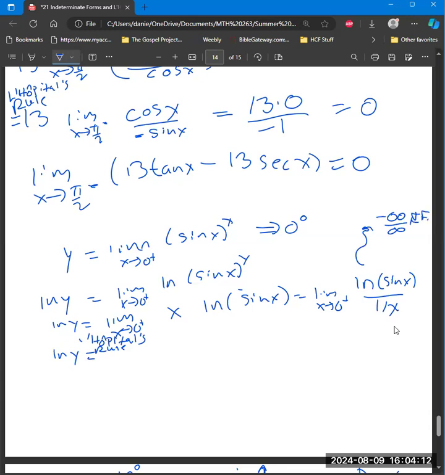This is negative infinity over positive infinity, but I can use L'Hopital's rule now. So this is going to be the limit as x approaches 0 from the right. The reciprocal of sine is going to be cosecant, and nothing inside the sine function that I need to take the derivative of, minus 1 over x squared.